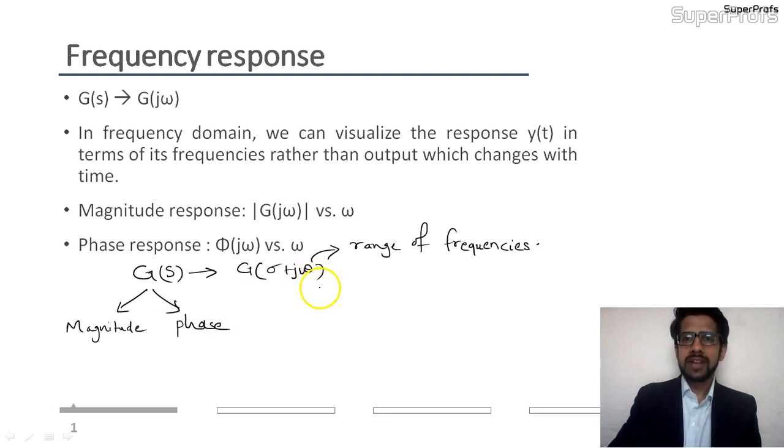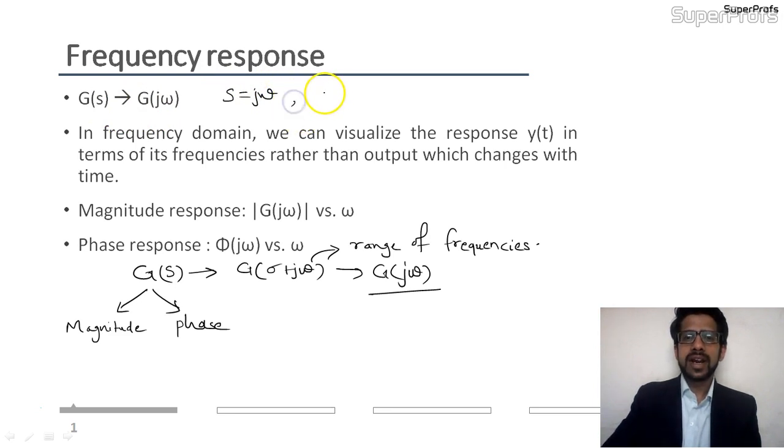So according to different values of omega, we will be getting different magnitude of G(s) and also different phase of G(s). G(s) will no more be G(s), it will be represented as G(j omega). This is generally how you will represent any transfer function in s into j omega, just by replacing s by j omega.